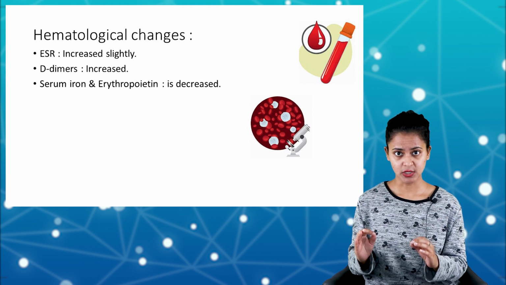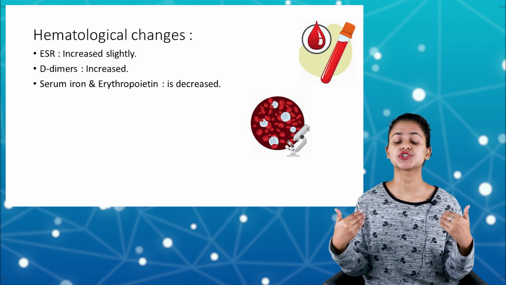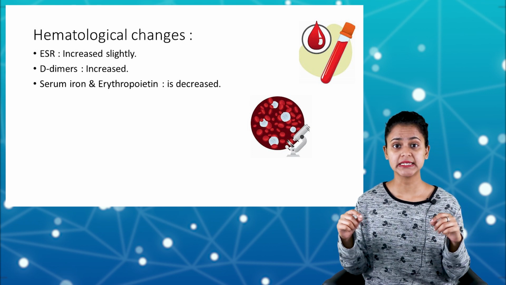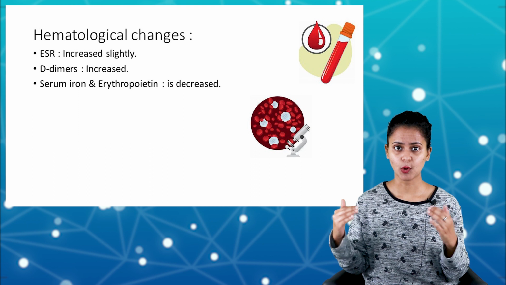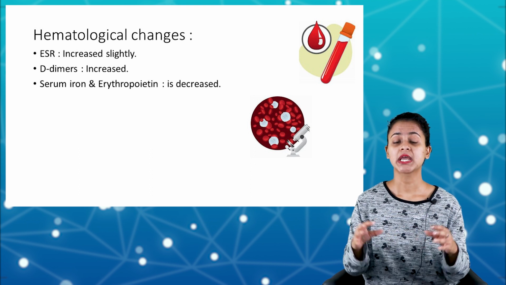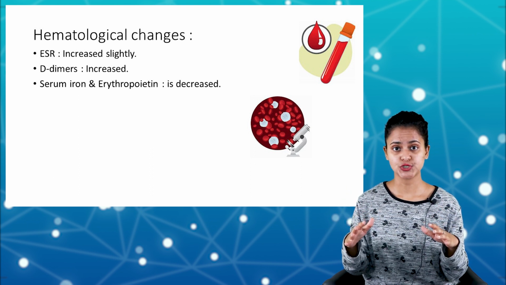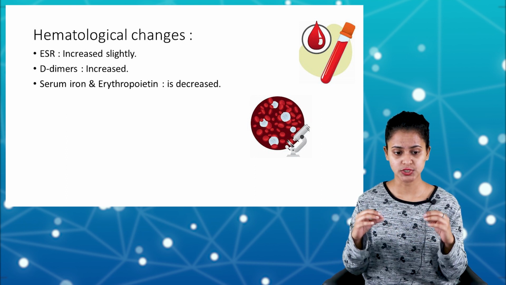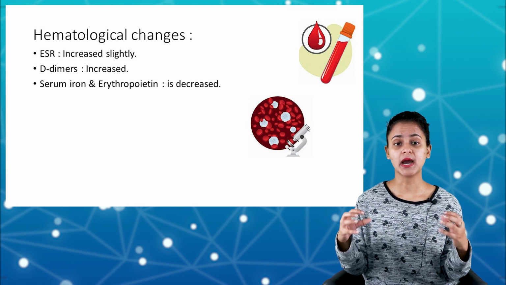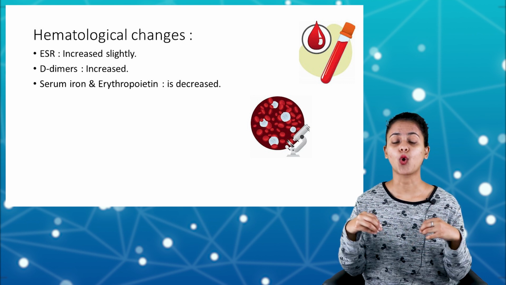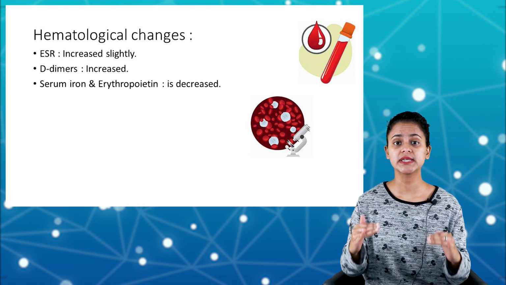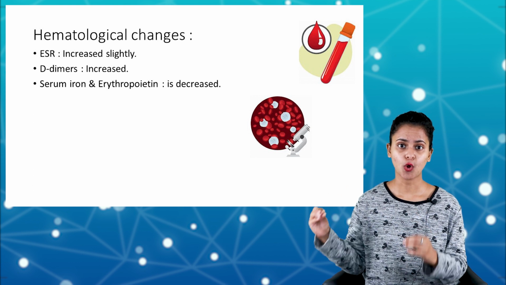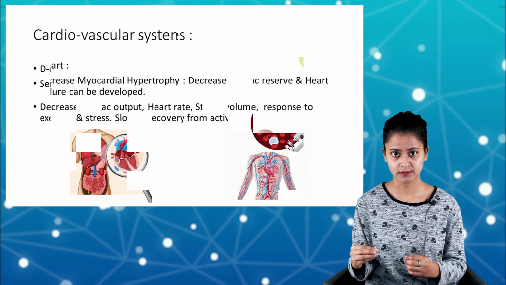The ESR or erythrocyte sedimentation rate often will be increased slightly among the older individuals. D-dimer test often will show an elevation if it is done for an older person. Serum iron and erythropoietin often will show a decreased level in the body of old age people.